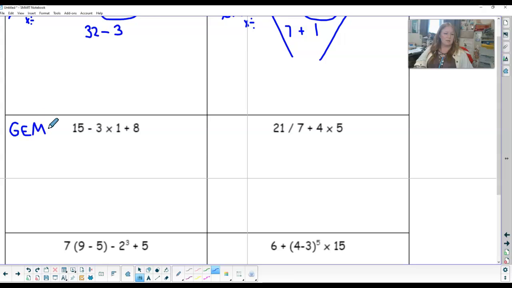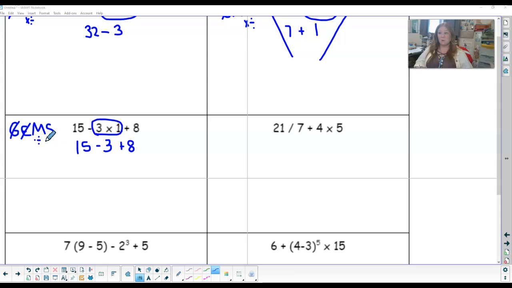Okay, gems. So groups, no. Exponents, no. So we're looking for multiply or divide. So that's subtraction. Oh, here we have 1. The first one we come to is 3 times 1 is 3. So I bring everything else down.